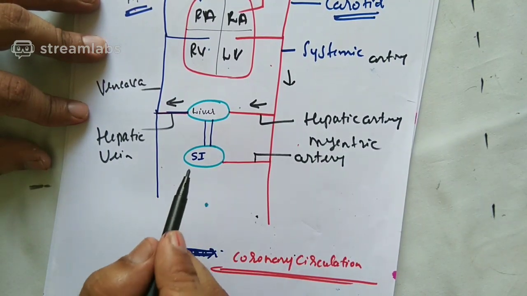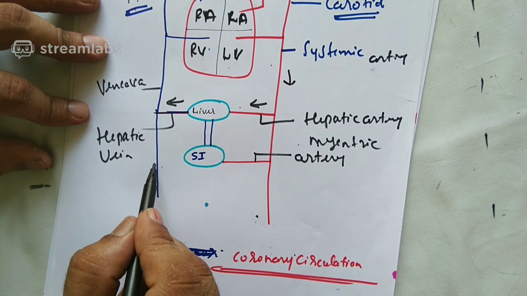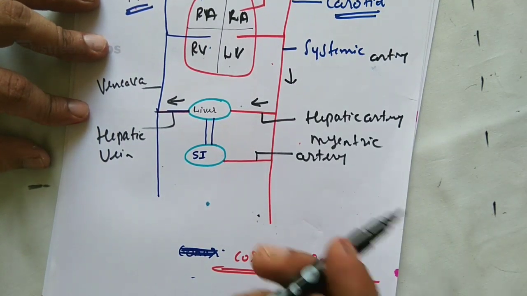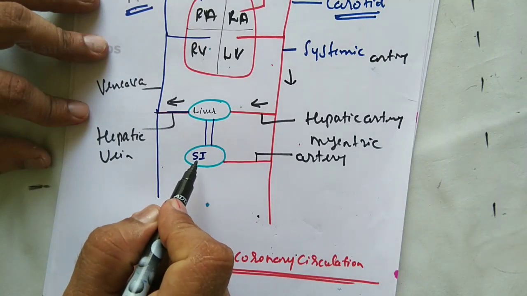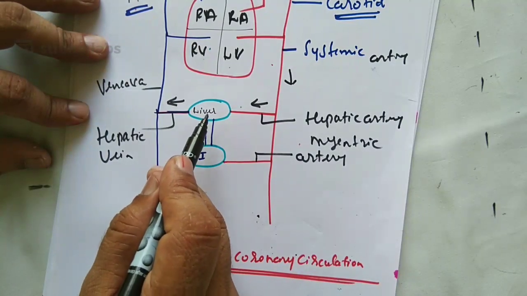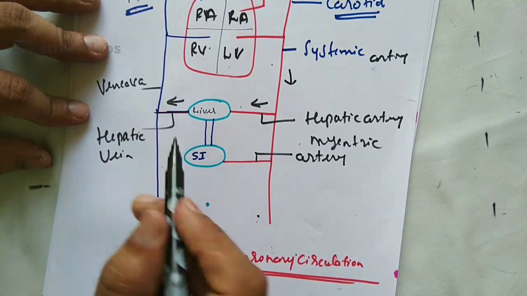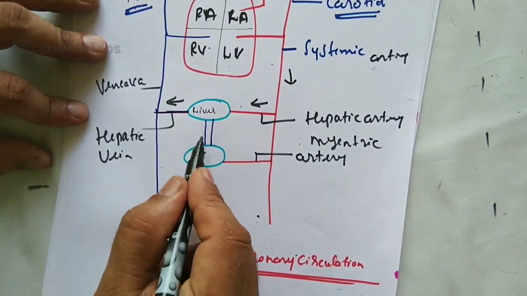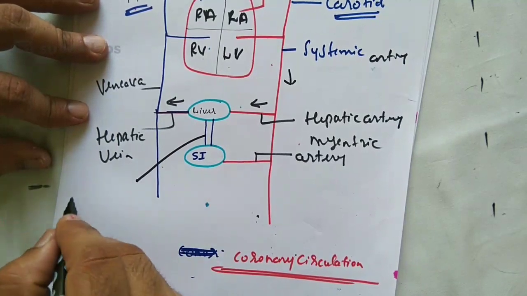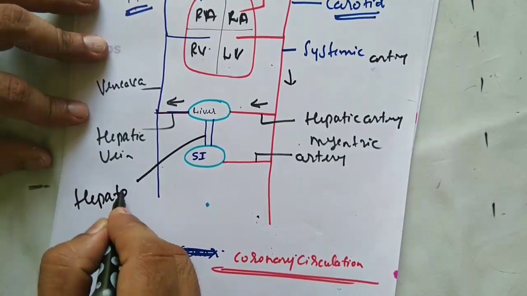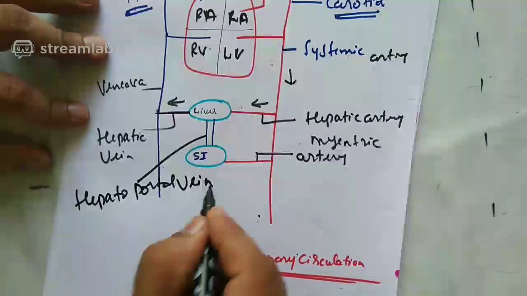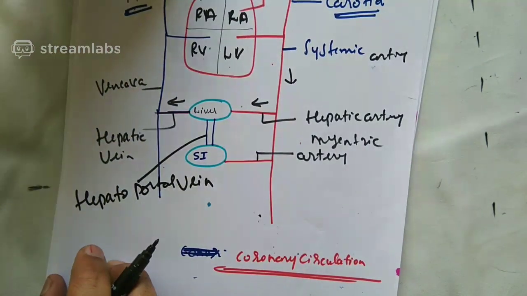There is no direct connection from small intestine into the vena cava. Why? Any food which is absorbed by small intestine has to go first to the liver, then to the vena cava. So there is some connection between small intestine and the liver. This portion is called the hepatoportal vein.